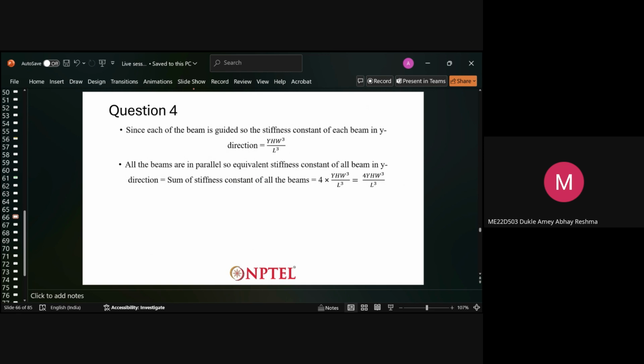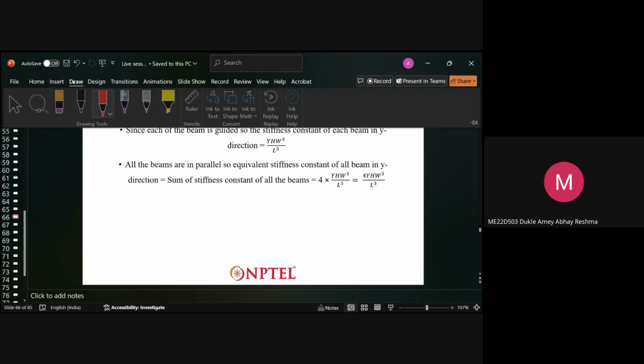See, the stiffness formula is basically K is equal to Young's modulus, that is E I upon L. So that is what the formula will be for the moment of inertia.